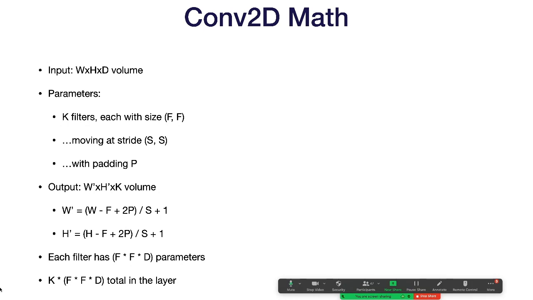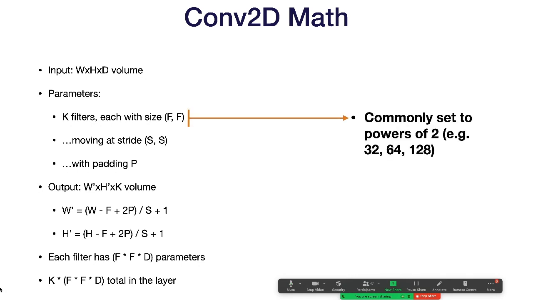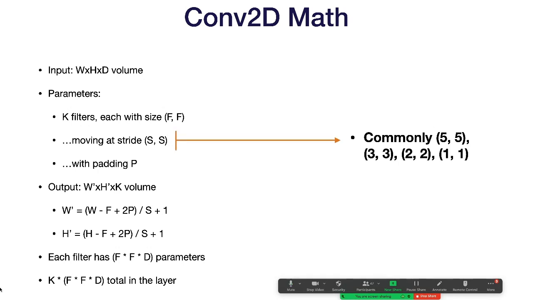A couple of notes here. There are a few parameters that you have. One is the number of filters. Again, you're stacking filters. How many filters do you want? Typically this is set to a power of 2, so 32, 64, 128, but you can set it to whatever you want. There are different strides that you can pick.